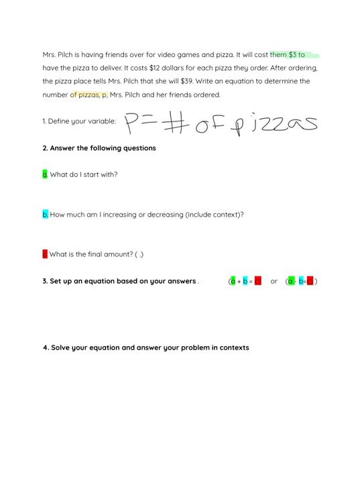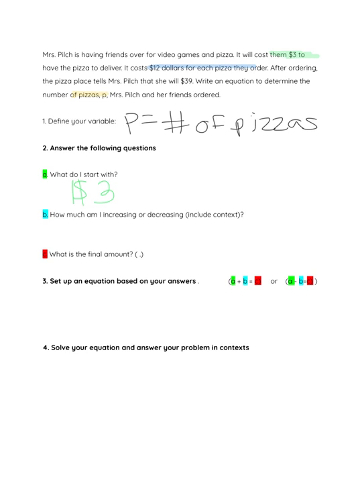Now we've got to figure out, so what did we start with? $3. B, how much am I increasing or decreasing by? Well, it's going to cost $12 for each pizza. You see that word, each pizza. That means it's something that's repeating, which is a clue for multiplication. So $12 for each pizza they order. So we go like this. Bam, bam. $12 for each pizza.